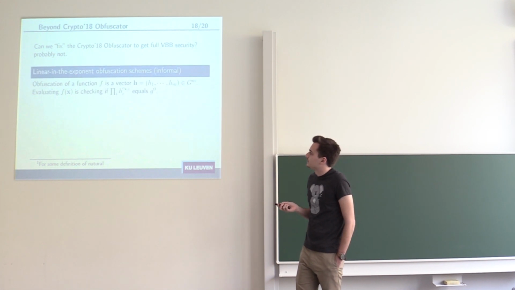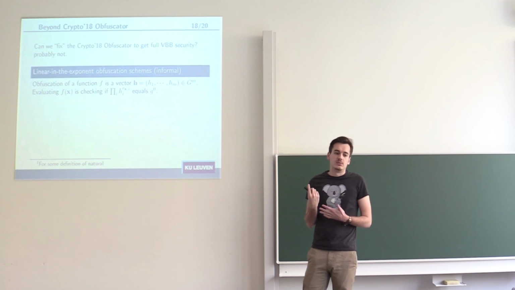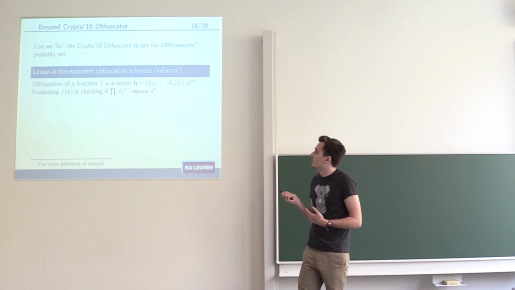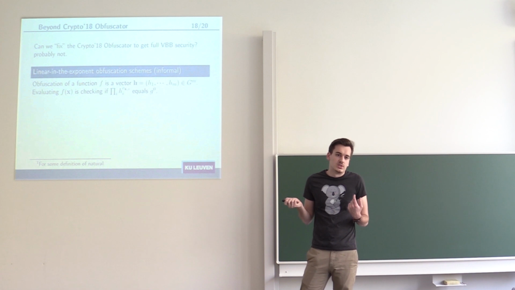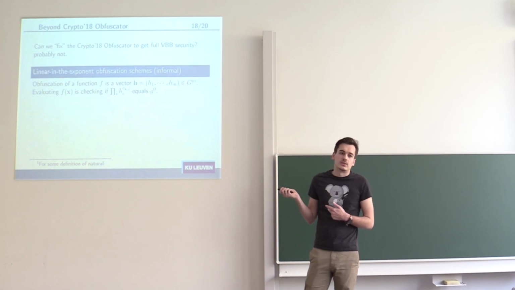So I'll explain. If you take a step back and look at what their scheme does, a pattern just gets translated to some vector, a vector h in a group. And the evaluation is just checking whether some product is equal to the identity. And we actually show that for any scheme of this form, if it's correct, you can attack it.